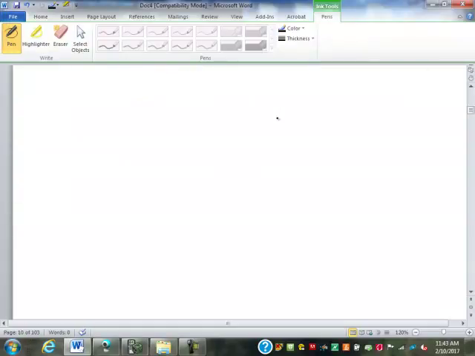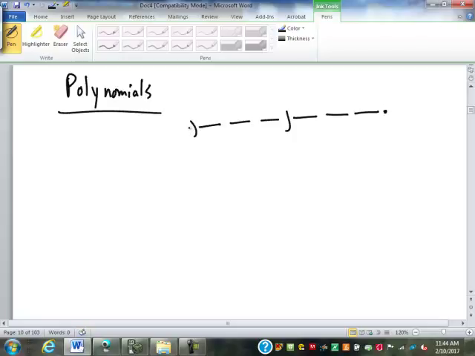Okay, so we want to look at now adding more complex algebraic numbers. And I want to show you some similarities between our algebraic numbers, what you've referred to most likely as polynomials, and our standard whole numbers. If we look at our place values for whole numbers, we had ones, tens, hundreds, 1,000s, 10,000s, 100,000s, and so on.